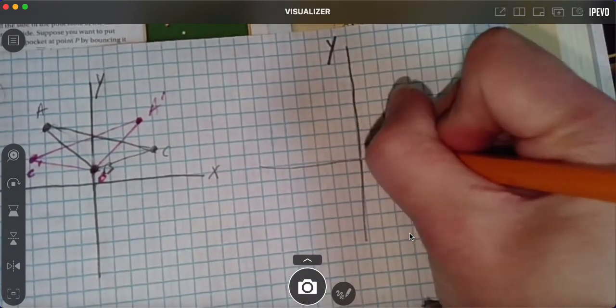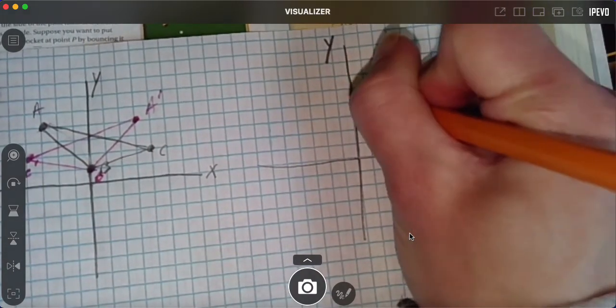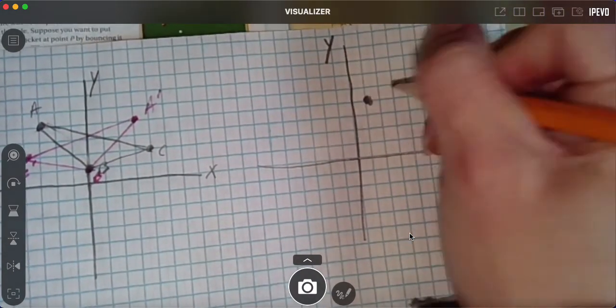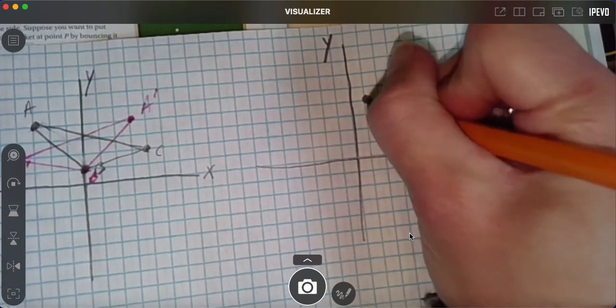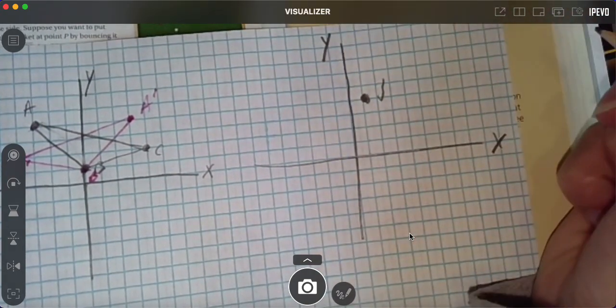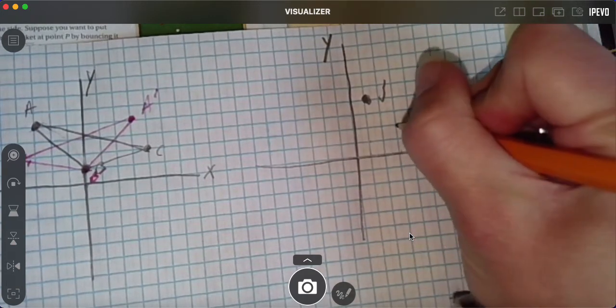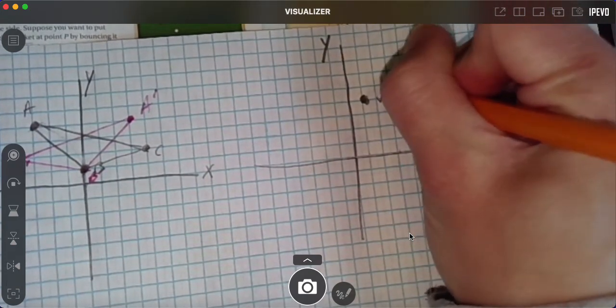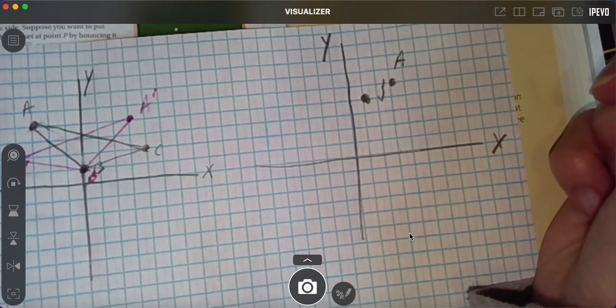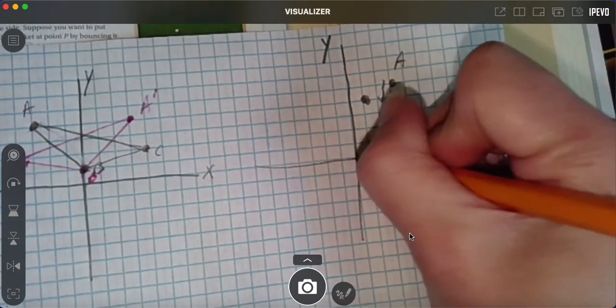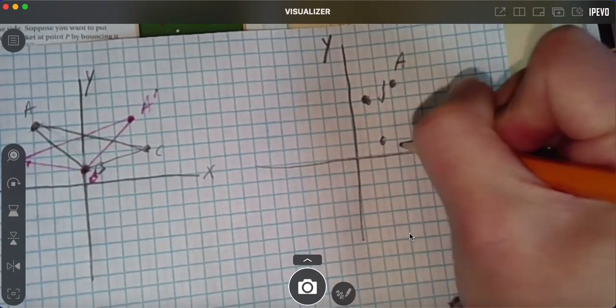So I'm going to go over 1, 1, 2, 3, 4. Are y'all paying attention? I hear y'all talking. And it tells me that that is point J. That's weird. Okay, A is 3, 5. 1, 2, 3, 1, 2, 3, 4, 5. That's point A. And then G is over 2 and up 1.